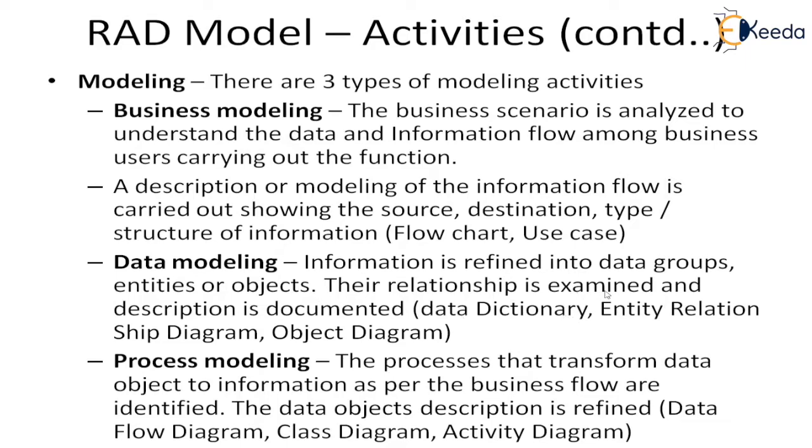So the relationship is examined and the description is documented. So we add to the data dictionary, and we refine the data dictionary that we have started during the business modeling. We can do the entity relationship diagram and the object diagrams.